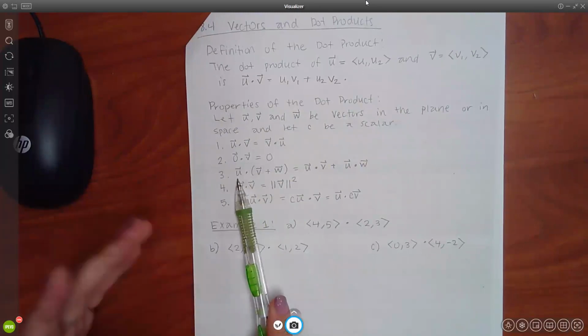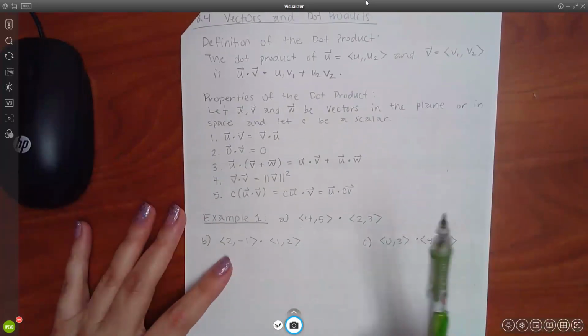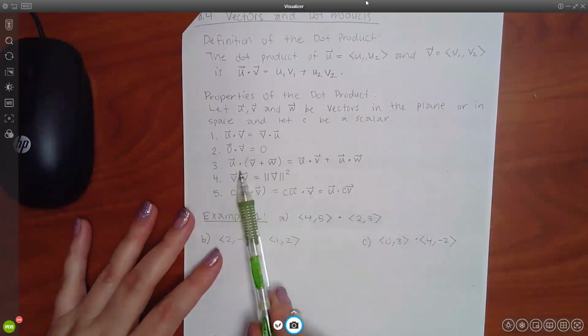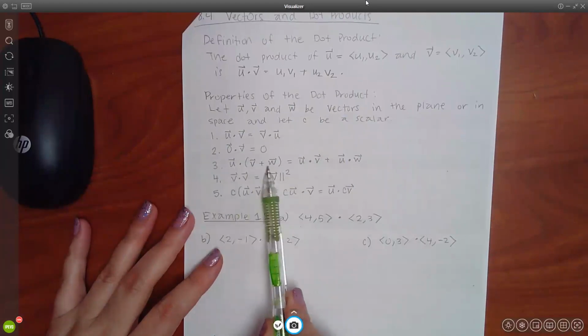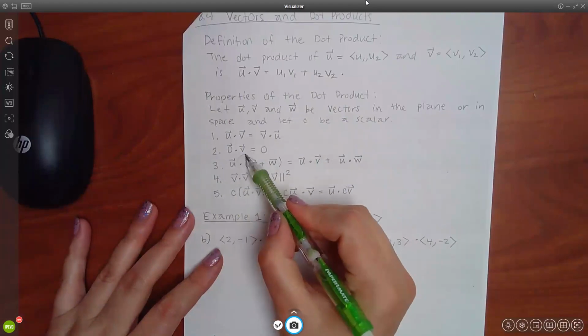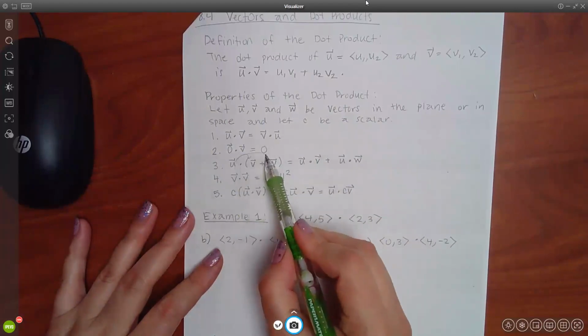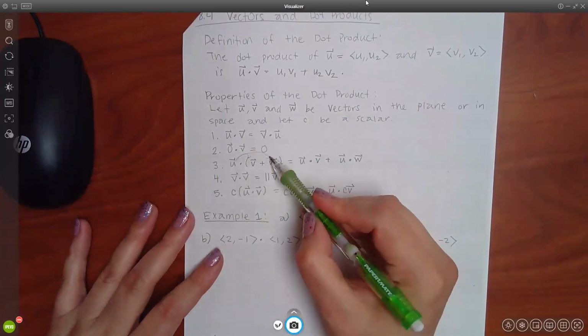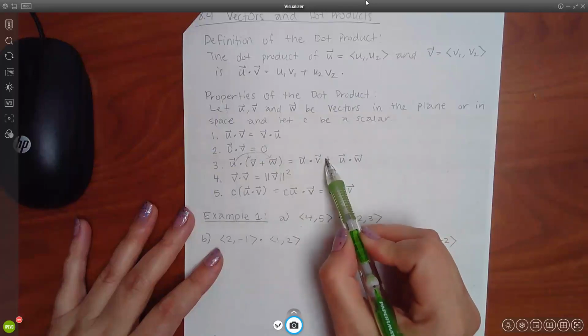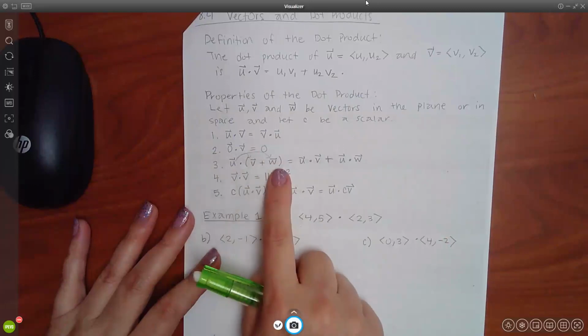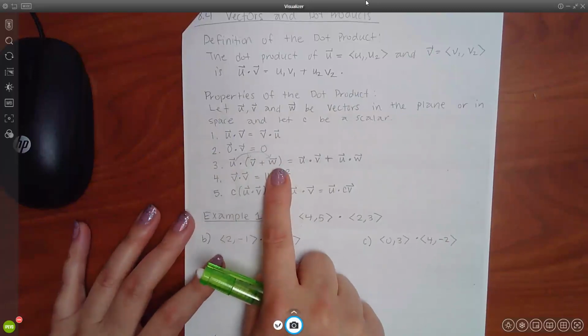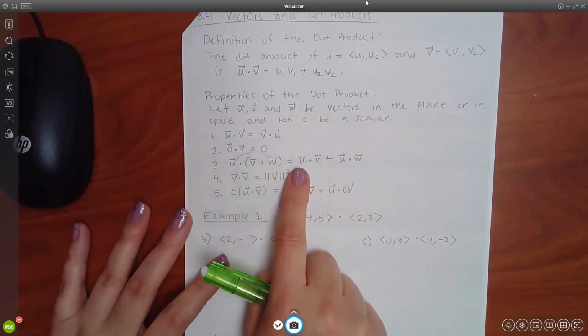And then here they have some distributive properties. So there's 2, this is one of the distributive properties. You can have U and then the dot of a sum. And you basically are gonna take the dot with this guy, and then you're also gonna take the dot with that guy and put a plus in the middle, okay? So notice how they did U dot V and then they did U dot W. Okay, this is kind of like your distributive property.